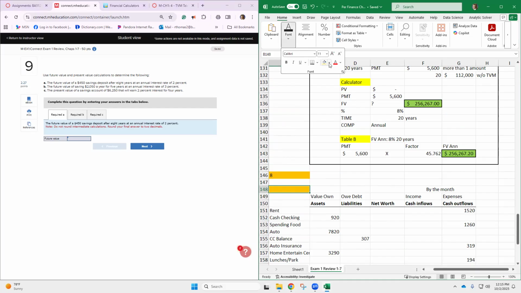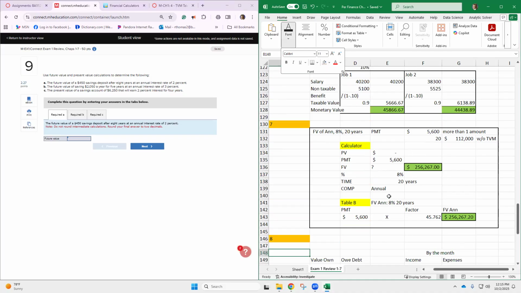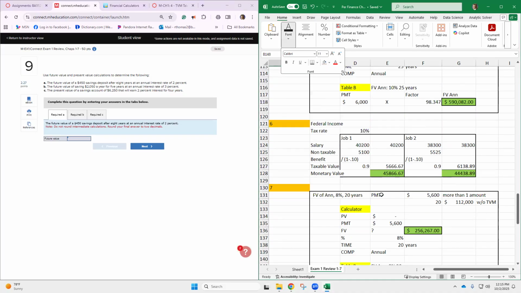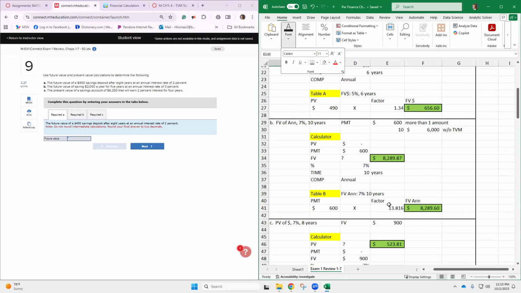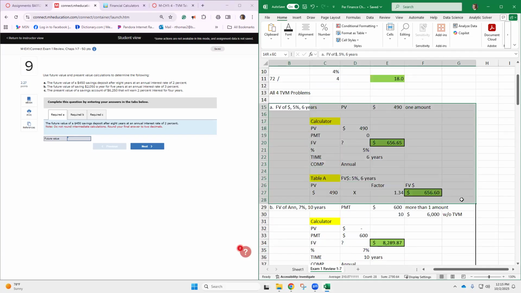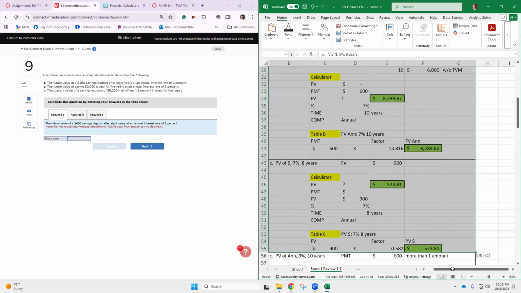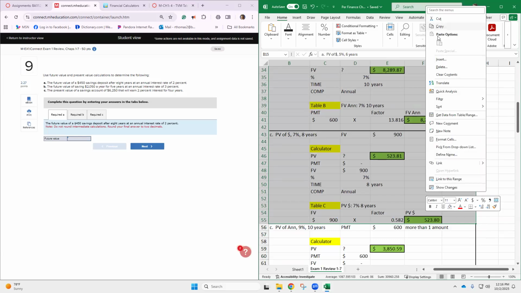So I'm going to go get my time value of money things here. So the first one, future value of one amount. So that is up here. We don't do that one as much. Actually, I need all of these. I need these 3. Put them in.